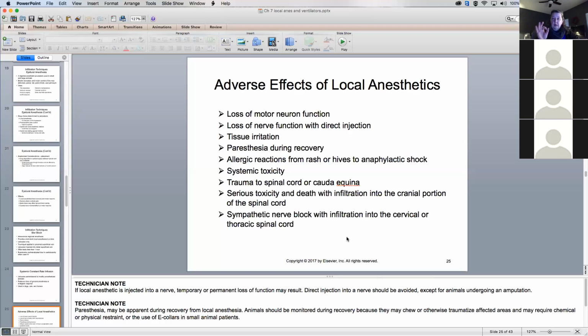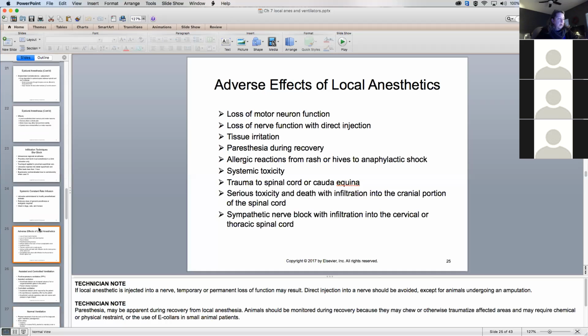The key for an epidural is you have to give a certain amount, and you can see how she was pushing it fairly slowly, consistent, but slow. If you push too much too far, you can go too far up the spinal cord and potentially block the sympathetic nerve fibers, and then your animal can't respond in fight or flight. Sometimes during surgery, we need them to be able to increase their blood pressure and heart rate, and if we block the sympathetic nerve fibers, they're not able to do that. That's not what we want.